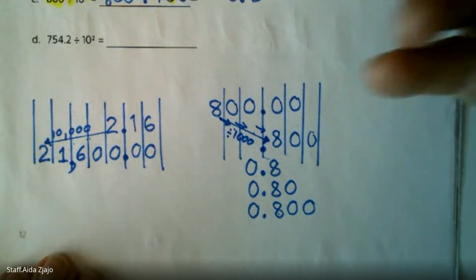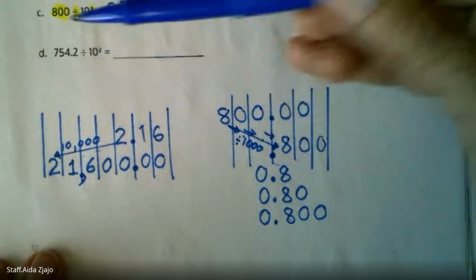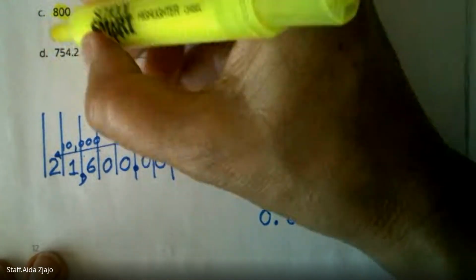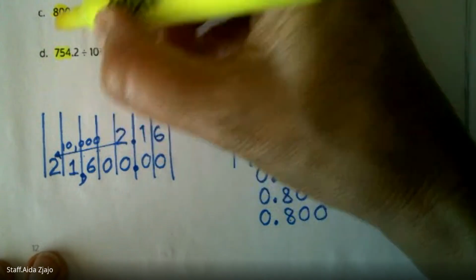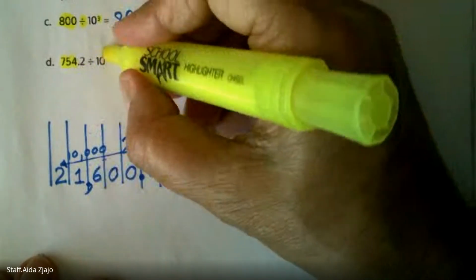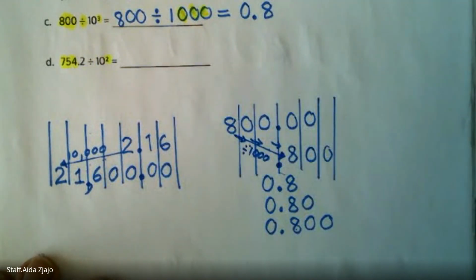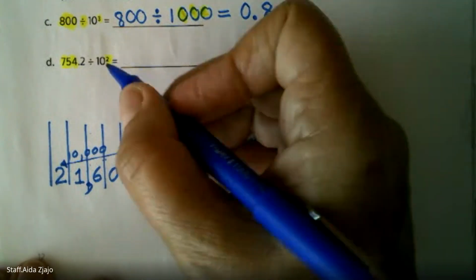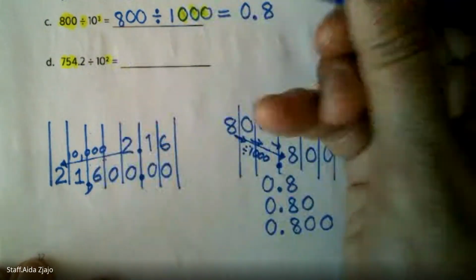And now I have this one, which is 754 wholes and 2 tenths divided by 10 to the power of 2. So 10 to the power of 2 is 100.